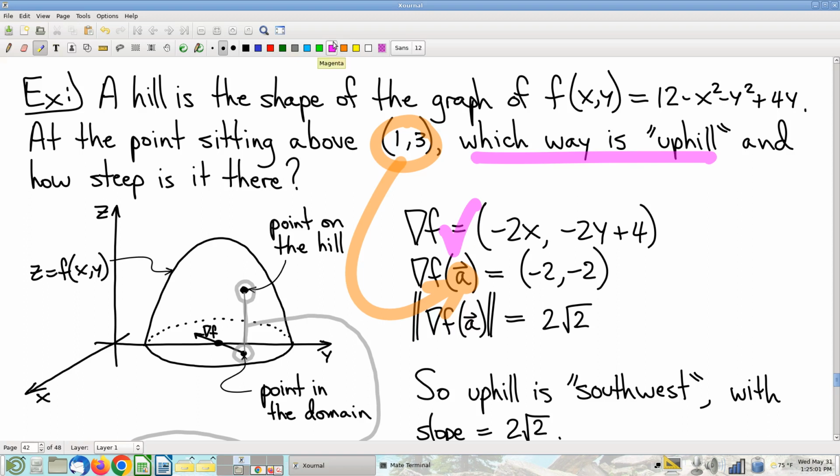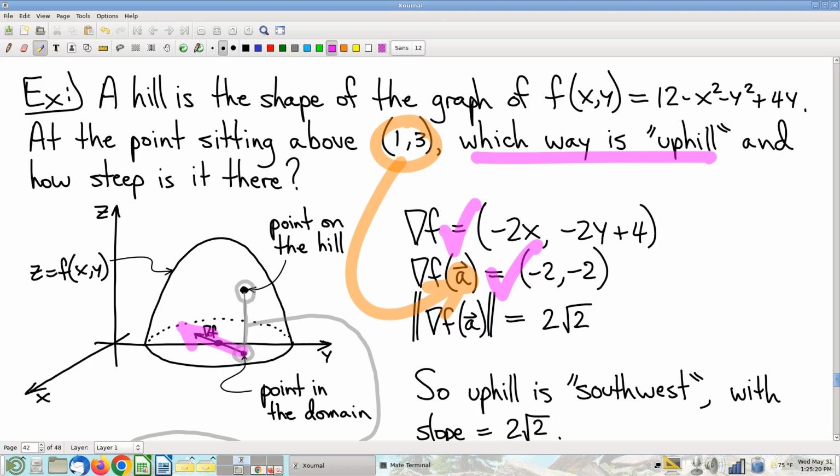At that point, that's what your gradient vector is. And it's, let's see here, negative 2 comma negative 2, which is about like that. So that's uphill, which, as you can see in the picture, looks about right.